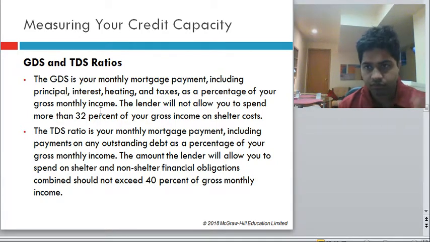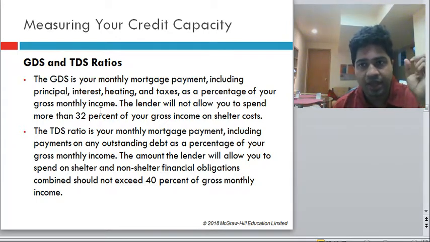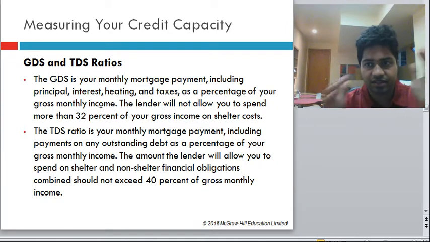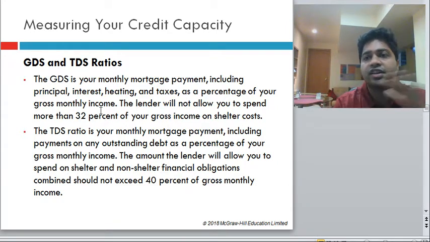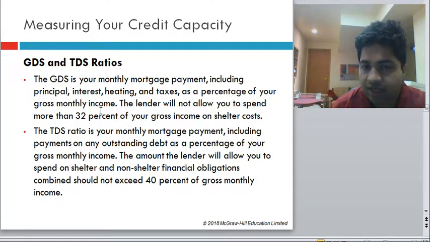So the amount you pay on your loan plus the amount you pay on your utilities, specifically heating, and the taxes and interest, all combined, divided by your monthly gross income. Banks use a criterion that this should not be more than 32% of your gross income.